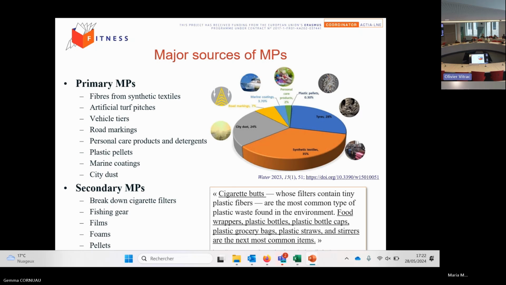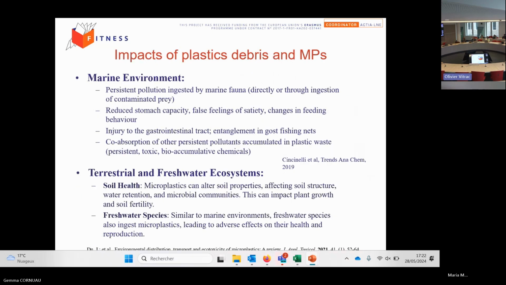What you can see here is that packagings are not at the top level in the microplastics classifications. They are coming in the third place, more or less. So first cigarettes and then food wrappers, plastic bottles, plastic caps, and things like this. It's not very nice.